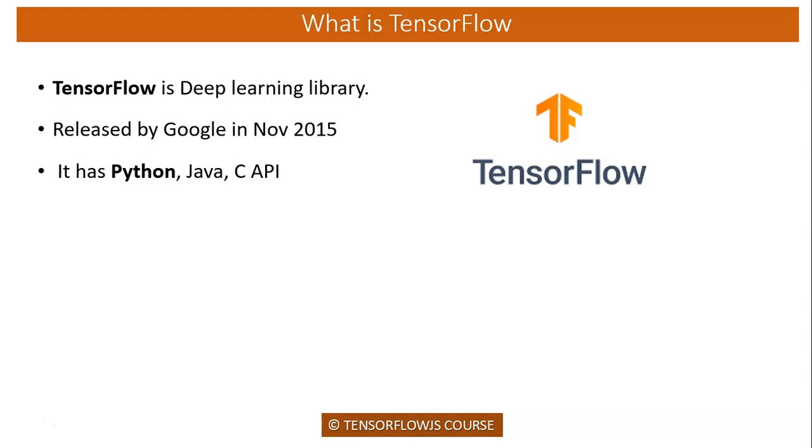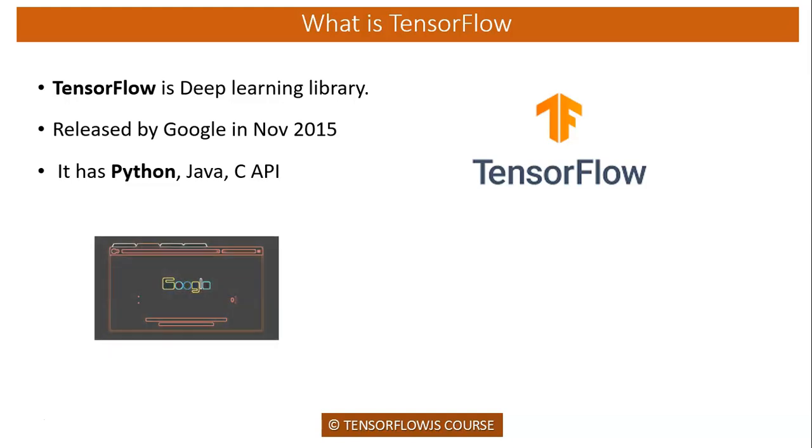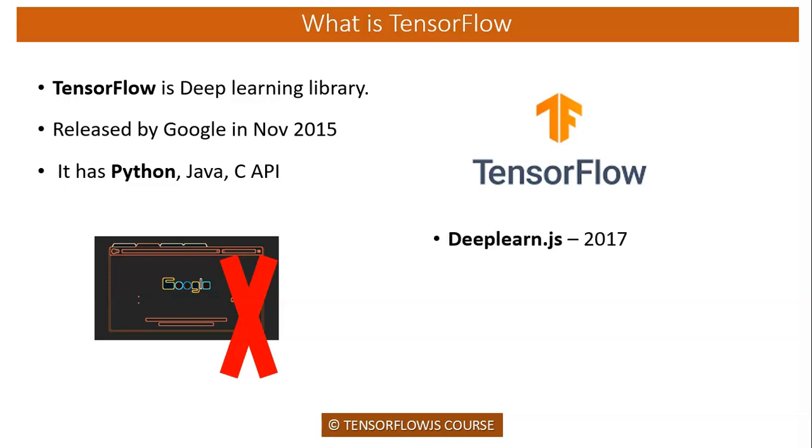Now suppose we want to run the TensorFlow library inside the browser, we just cannot run it, because the browser cannot run Python, Java or C++. So in that case, we have to go for the JavaScript version of this library. Before starting development of tensorflow.js, Google first released the deeplearn.js library in 2017.